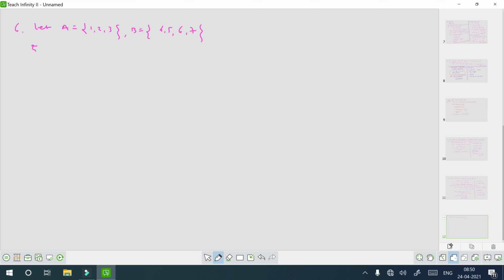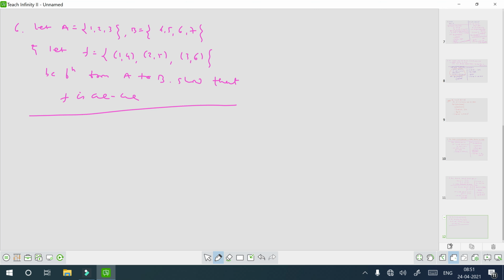And let function f is equal to {(1, 4), (2, 5), (3, 6)} be a function from A to B, so that f is 1-1.